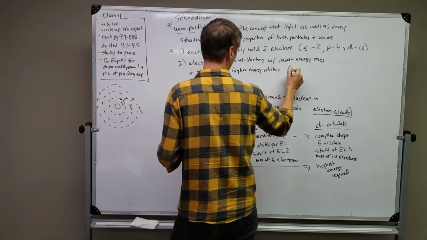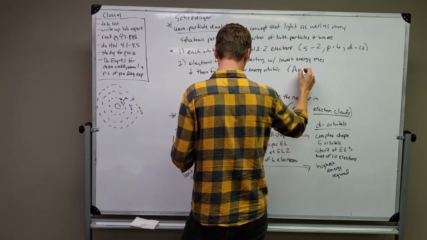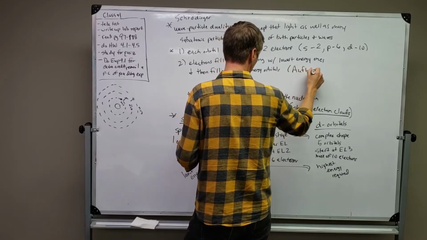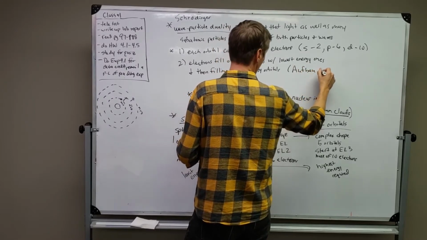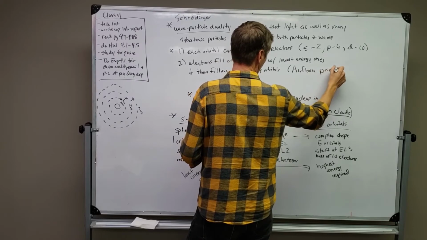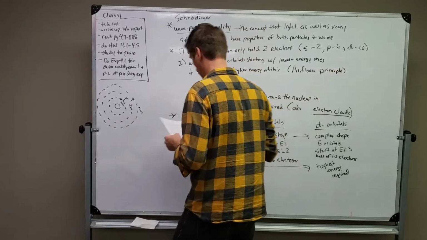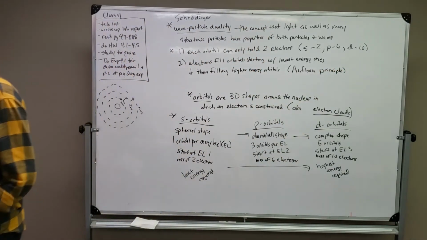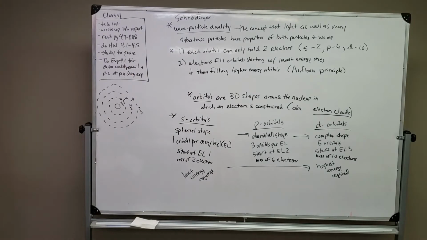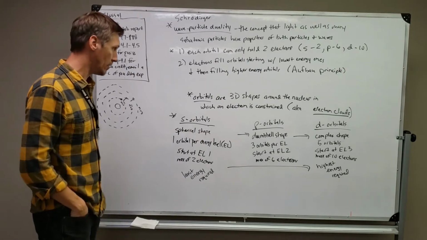And we refer to this as AUFBAU. That's the Aufbau principle, which says that electrons fill orbitals starting with the lowest energy ones, then it fills the higher energy ones.